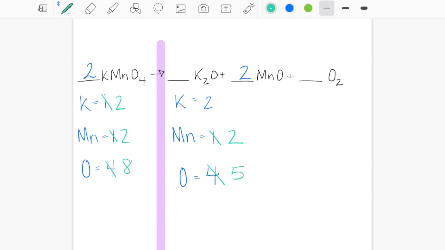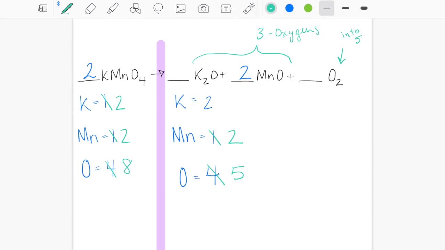So in total, on this part, I have 3 oxygens. Okay, and then I need 8 in total.